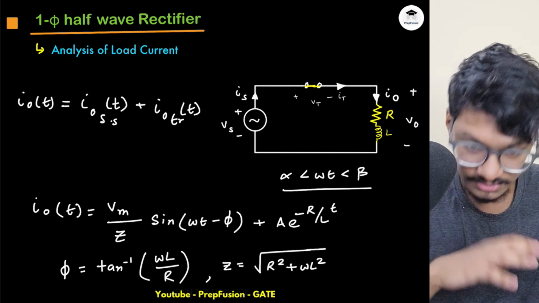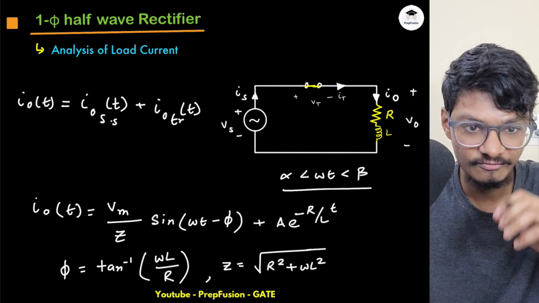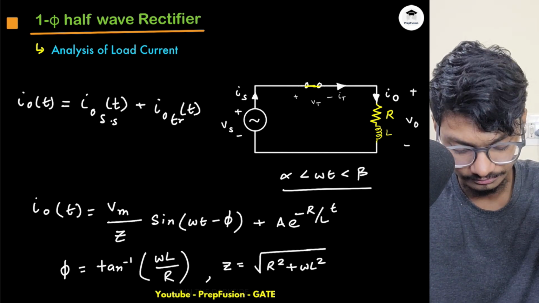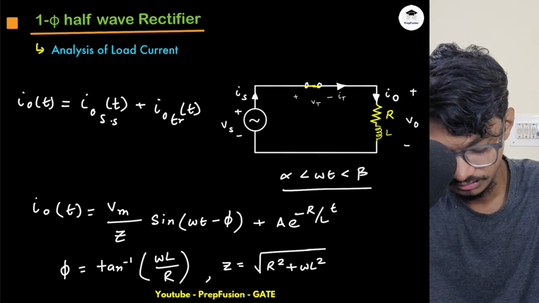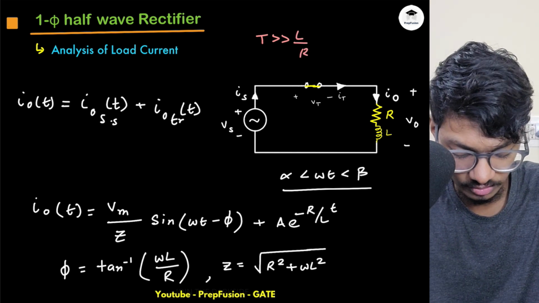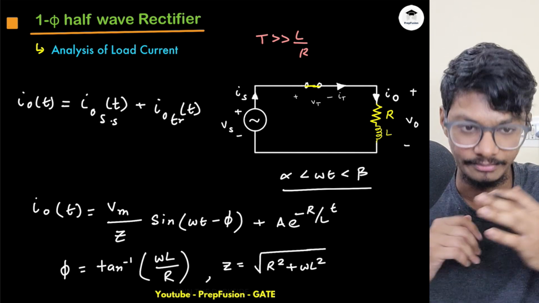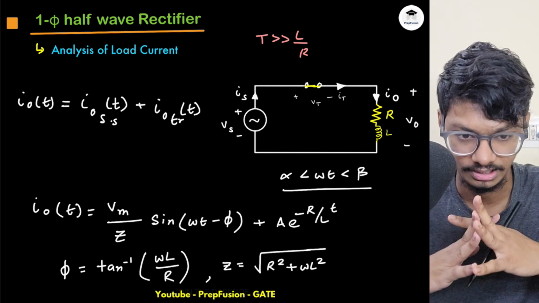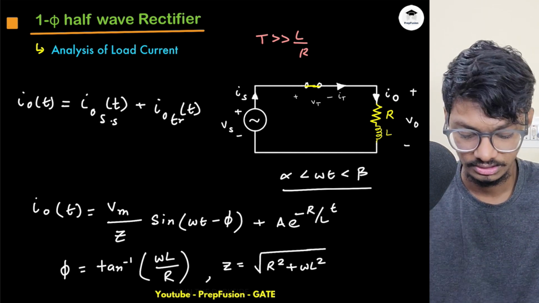Okay, next, there are two cases. If my time period T of the waveform is very much greater than L by R, what will happen? There will not be any transient, because this will settle in a very low amount of time with respect to the time period. If you don't understand all this, please go through the AC transient part.